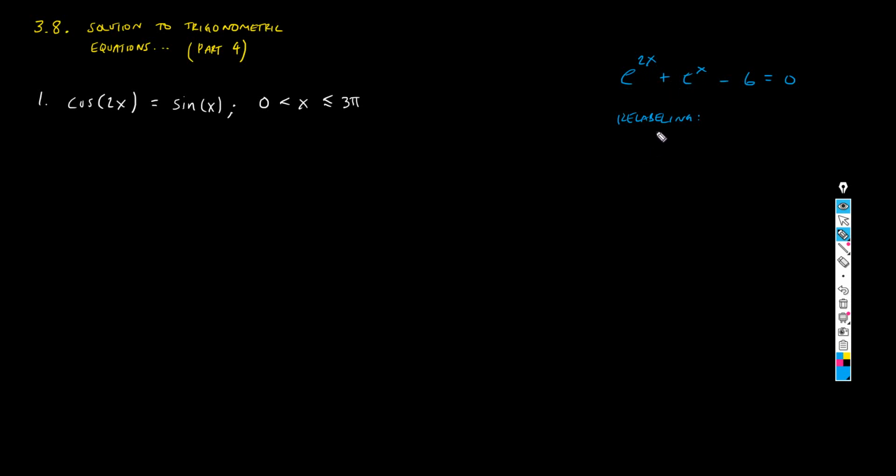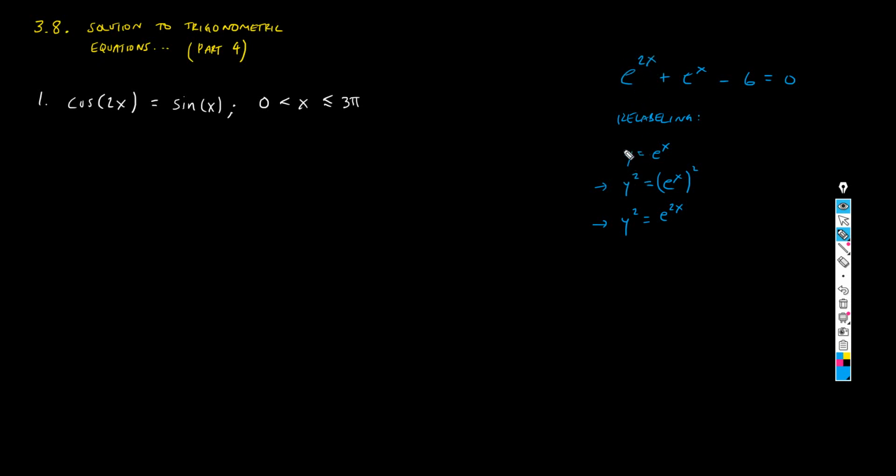But when we do this relabeling, when we say let's create a variable y and let's make it equal to e to the x, then what we can see is that if we square both sides, we get this, right? And thus you get e to the x squared, that's going to be e to the 2x, which, if you notice, appears over here.